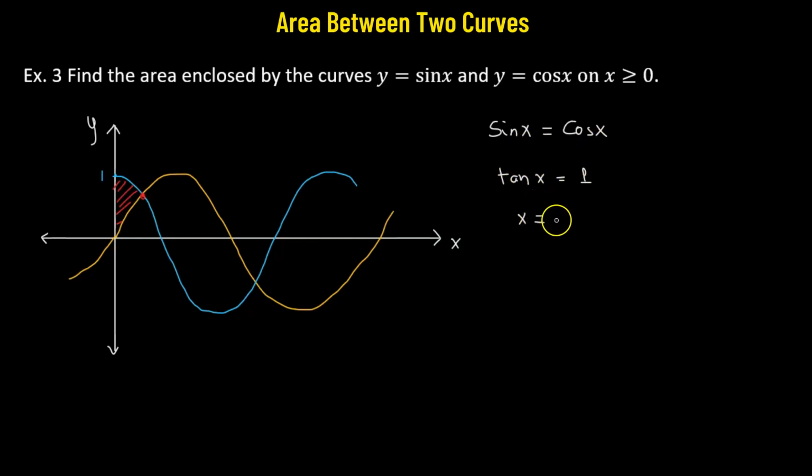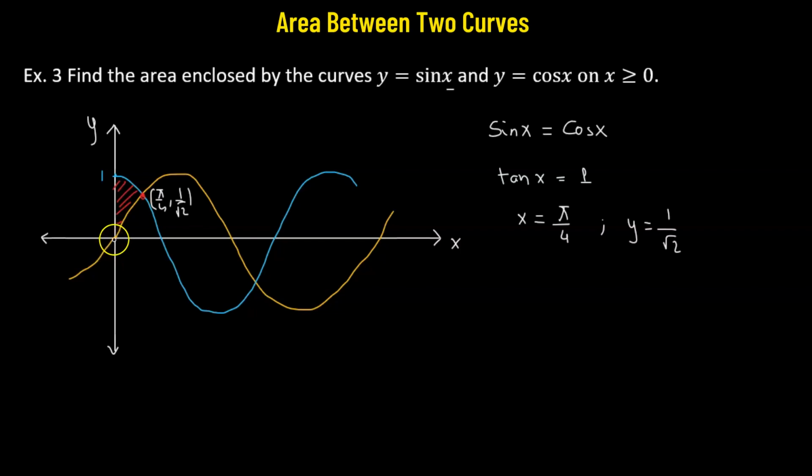We will consider our first principal value, which is pi over 4. So when x is pi over 4, y will be equal to 1 over square root of 2, because we can substitute that value in either sine x or cosine x. They should give us 1 over square root of 2. So this is our point, pi over 4 comma 1 over square root of 2. Right.